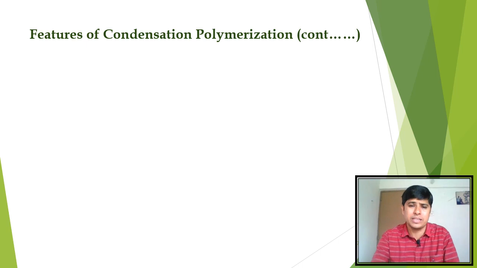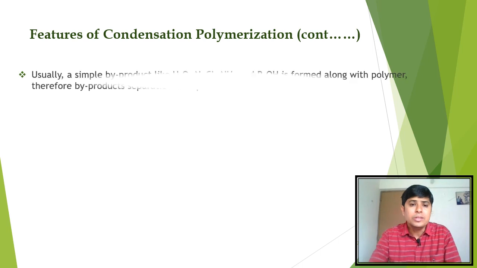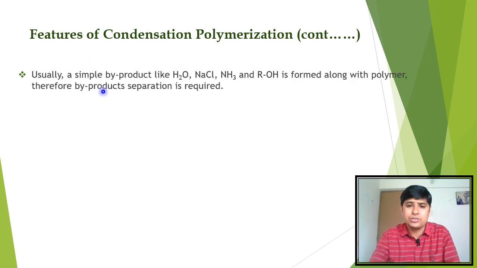Features of condensation polymers are continued here in this slide. Usually a simple byproduct like H2O, NaCl, ammonia, alcohol is formed along with the polymer.